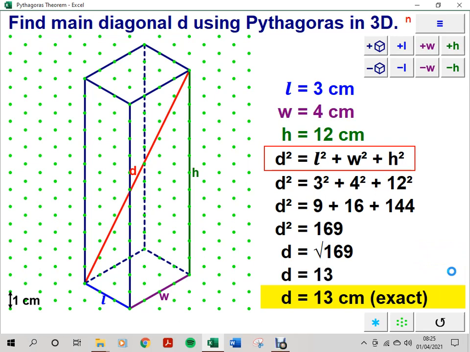This checks out. Therefore, 3, 4, 12, 13 is a primitive Pythagorean quadruple.